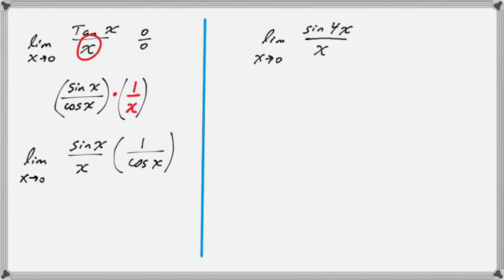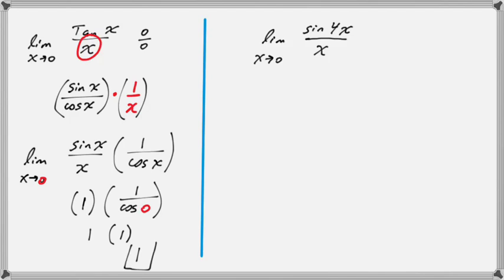This limit is by definition 1. And when you put in a 0 for your x, you get 1 times 1, making this value 1.